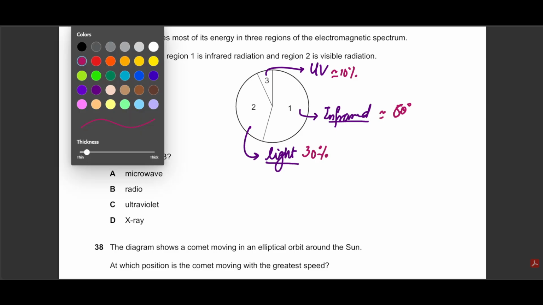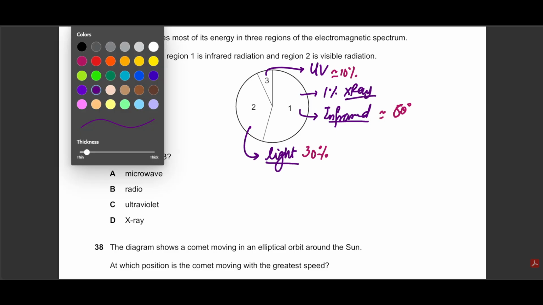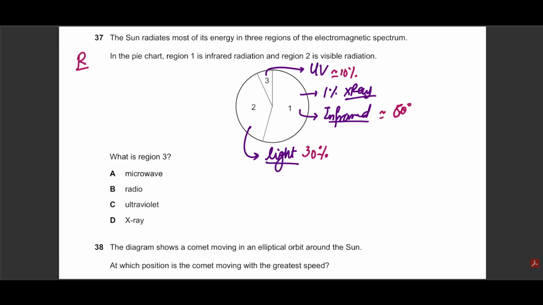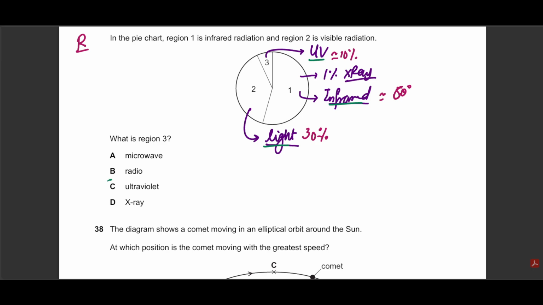If you go online, you'll find that there's actually a very tiny amount, less than 1%, of X-ray as well. But since its concentration or percentage is too low, we generally avoid talking about it, because we understand that an IGCSE student would be more familiar with the UV, infrared, and visible light. So the option for this question would be ultraviolet.